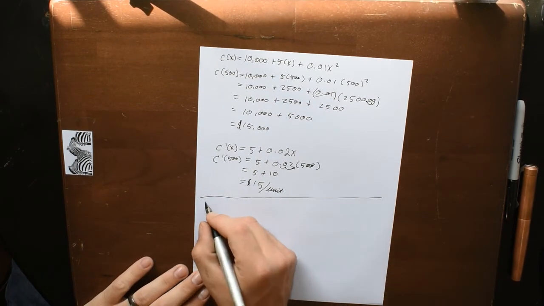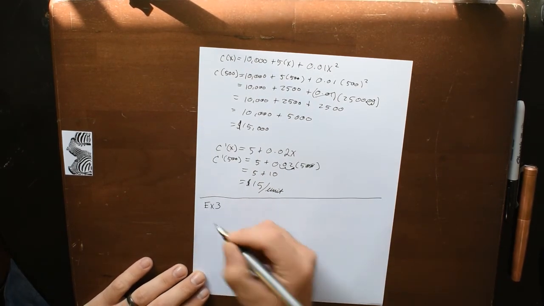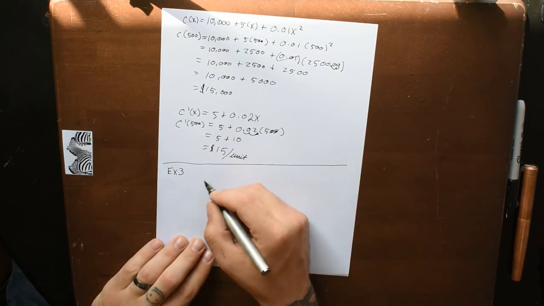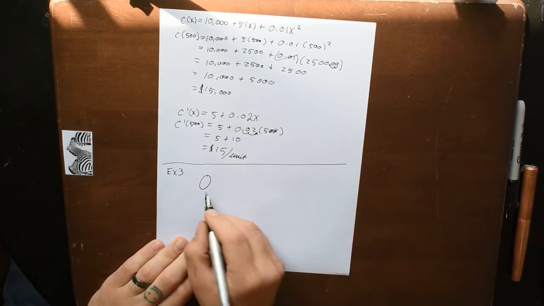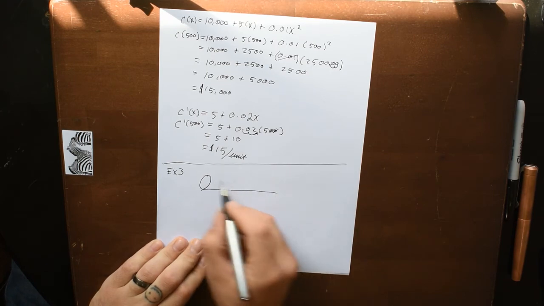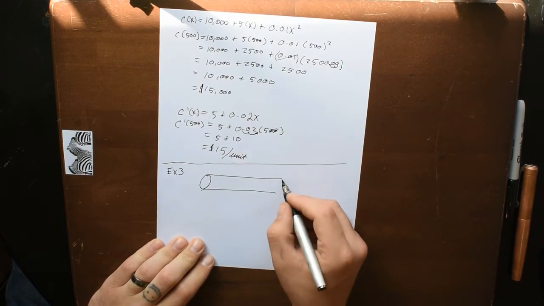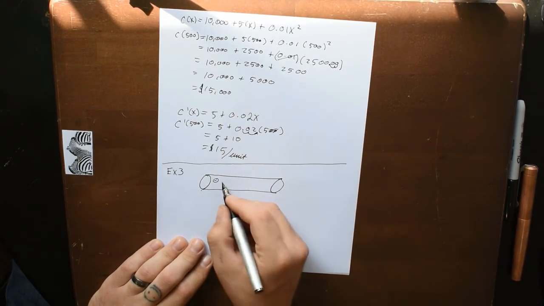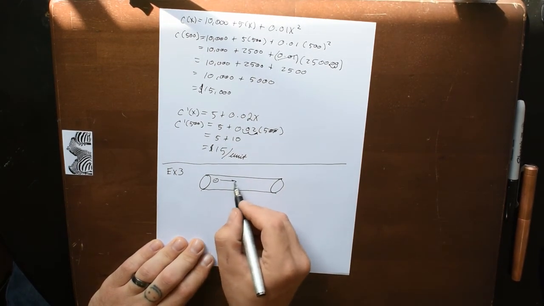Our final example is just a concept. So if we have a wire, or a tube or something that we send electrons through, and these are going to be our electrons. That's a minus sign, they flow that way.